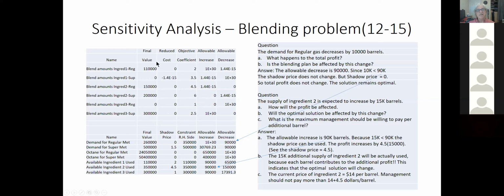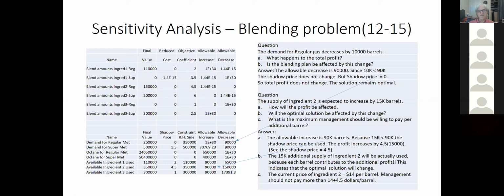And as you see, the optimal solution is changing when a constraint that is binding is changing inside the range of feasibility or within the allowable increase and decrease. How much it is changing is controlled by the shadow price.